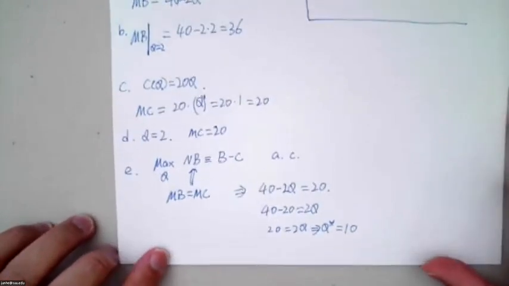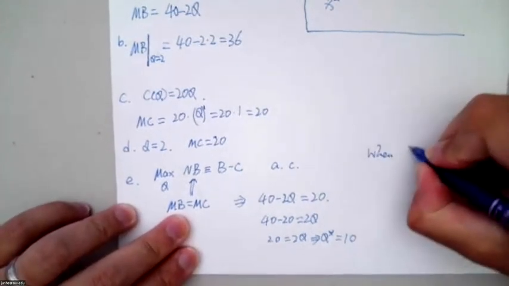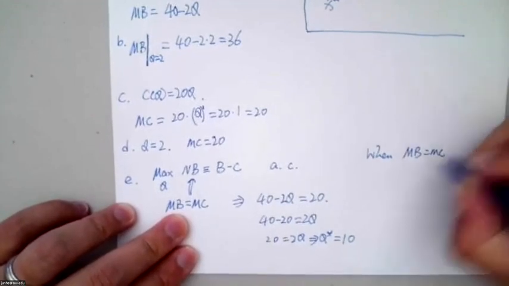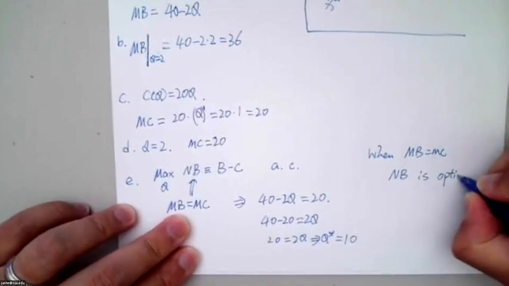Okay, so just understand this intuitively. When marginal benefit equals marginal cost, the net benefit is optimized.